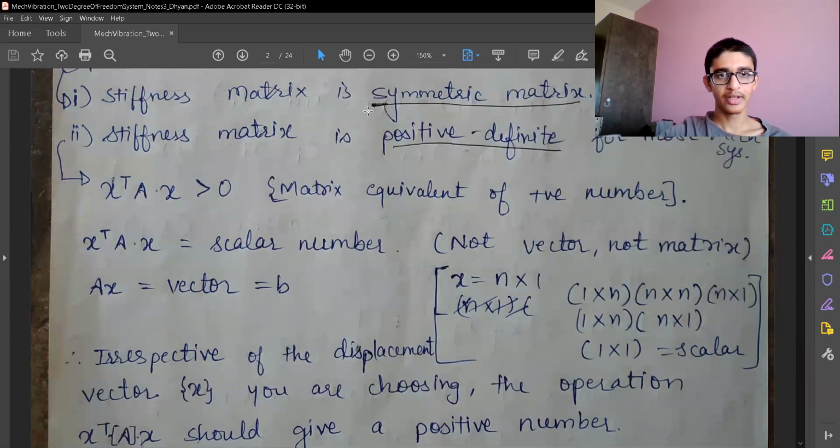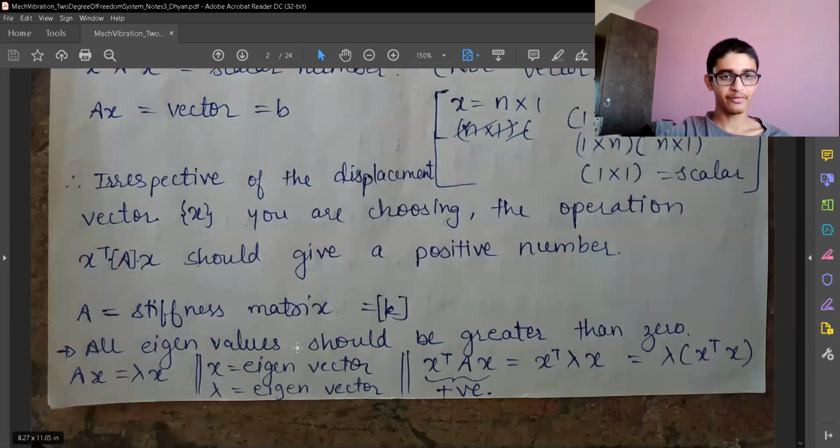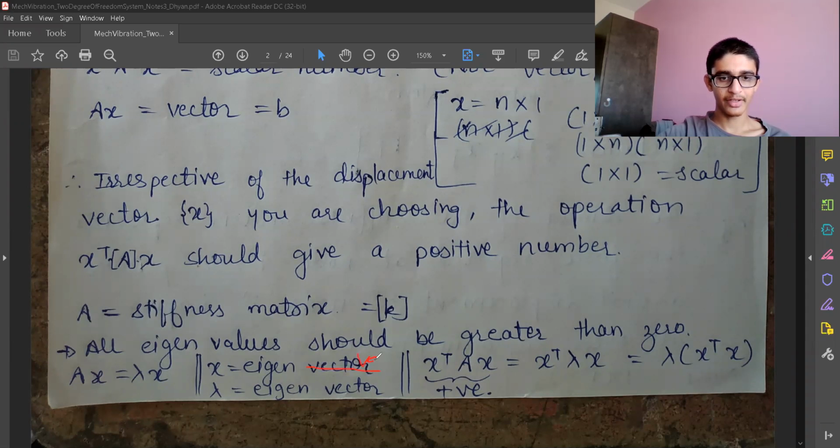Now we are going to relate this positive number to the eigenvalue. I need to correct it here: X is the eigenvector and lambda is the eigenvalue. Lambda is the omega square for us.